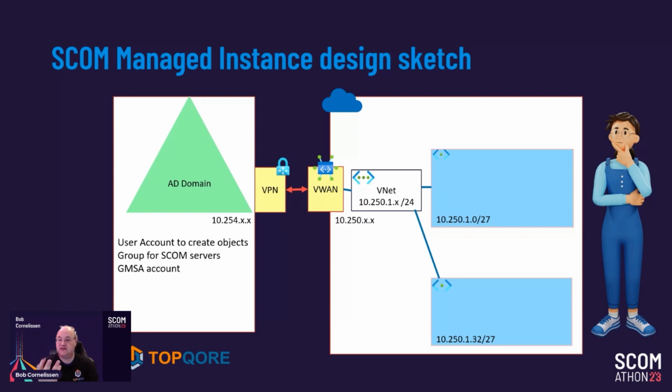We want an account that allows that management server to be added to the domain and to be added to a group, which is number 2 in that list over there on the left. So we need a group where our SCOM servers are going to live. That user account is then able to not only add our SCOM managed instance management servers to the domain, but also add them to the group.